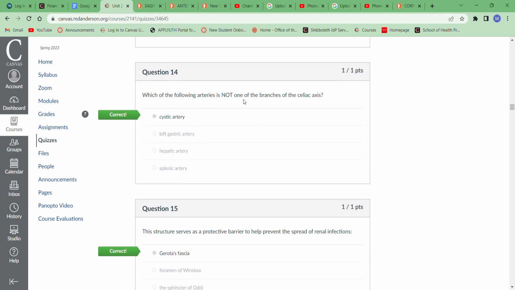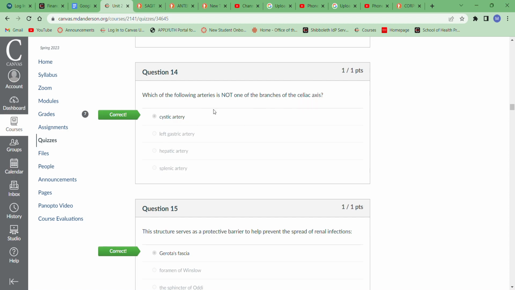Which of the following arteries is not one of the branches of the celiac axis? The cystic artery. So the celiac axis is the first branch off of the abdominal aorta, and it branches into left gastric, hepatic, and splenic. You can remember celiac axis as the celiac disease, in which people can't have certain wheat.